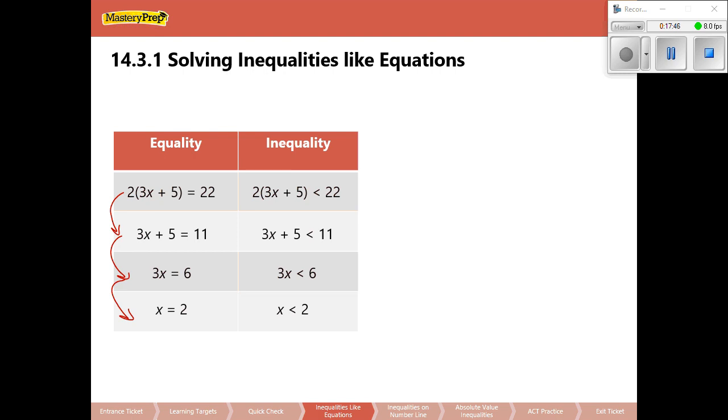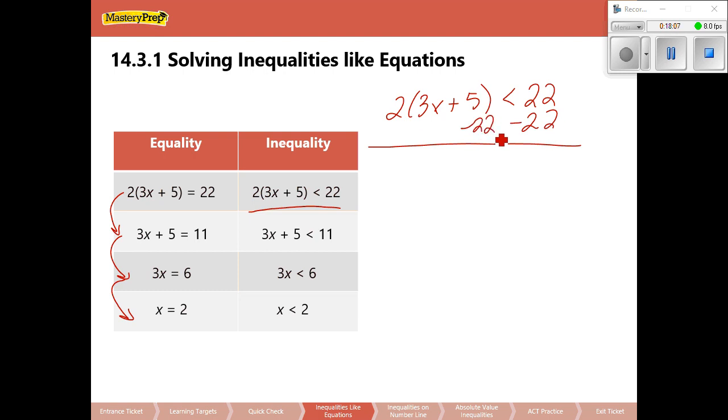Now, again, the one we started out with in the example problem, we had absolute values and inequalities, yes? Well, I got it equal to 0, so I could subtract 22 from both sides. 2 times 3x plus 5 minus 22 is less than 0.